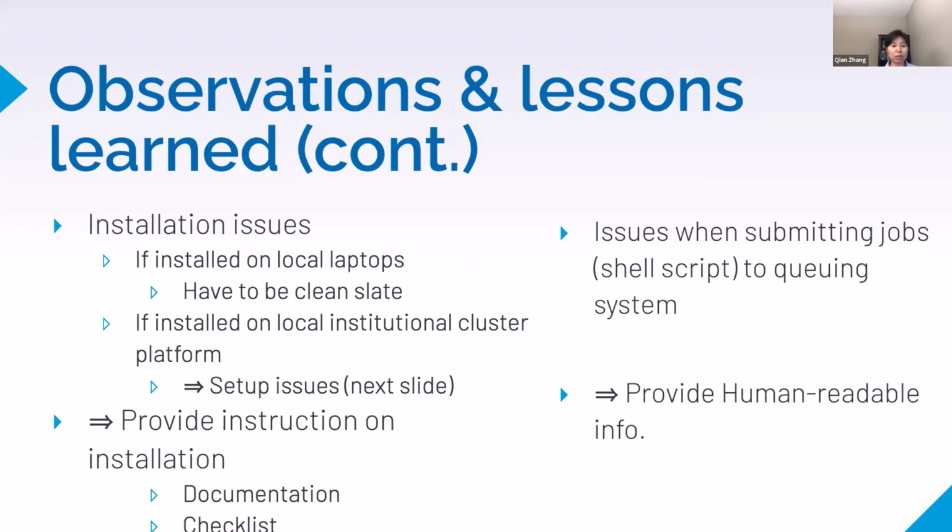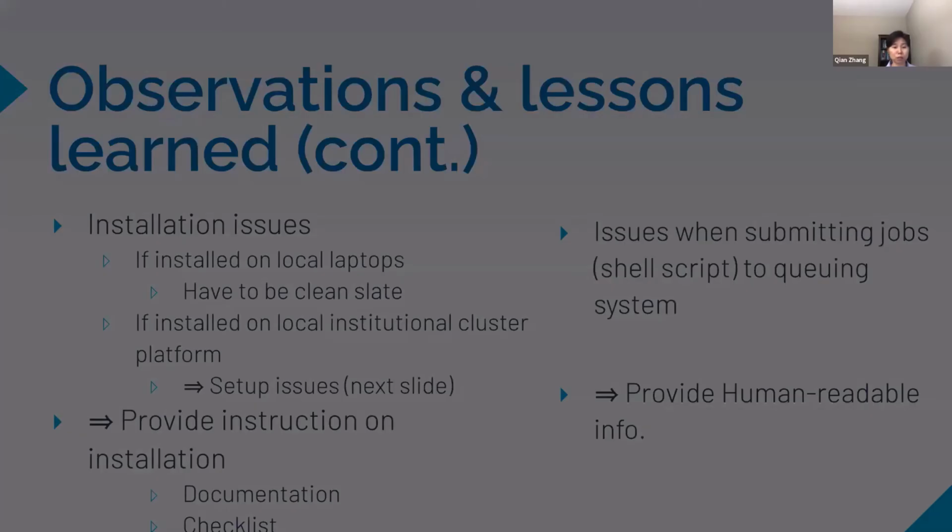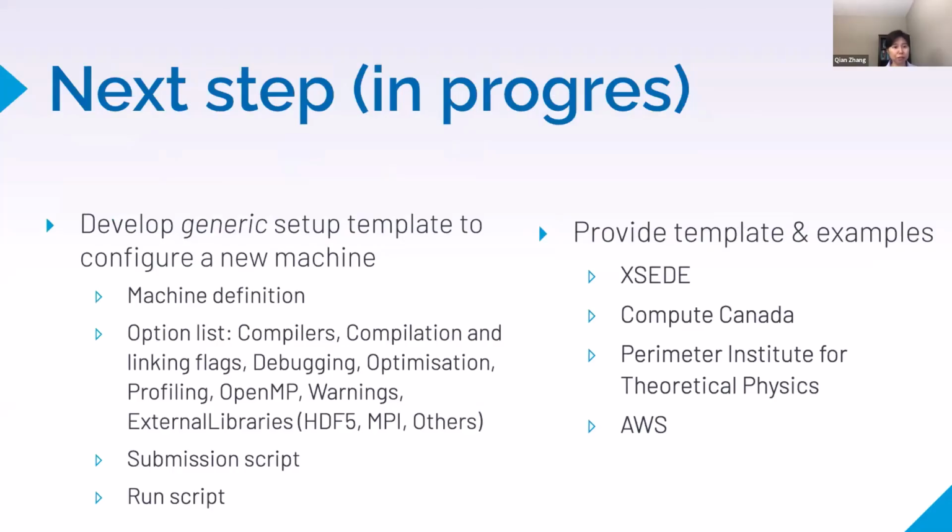We also ran into issues when we submit jobs to different queuing systems when moving across different clusters. At some point, we also need to provide more human-readable information for provenance tracking purposes. So based on those observations and lessons, we are aiming to develop a generic setup template to configure a new machine, where machine means the new cluster.